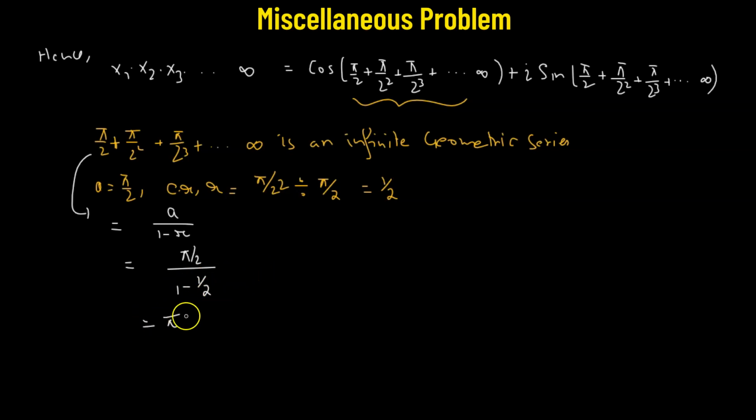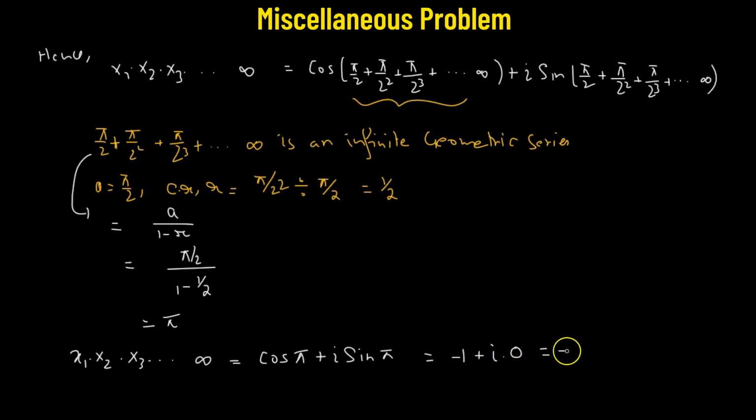So we have a value pi, meaning our product x1 multiplied to x2 multiplied to x3, and this goes all the way up to infinity, is going to give us cosine of pi plus iota times sine of pi, because the sum of the geometric series is pi. The cosine of pi is -1, plus iota times sine of pi, which is simply 0. So we are getting a value -1.